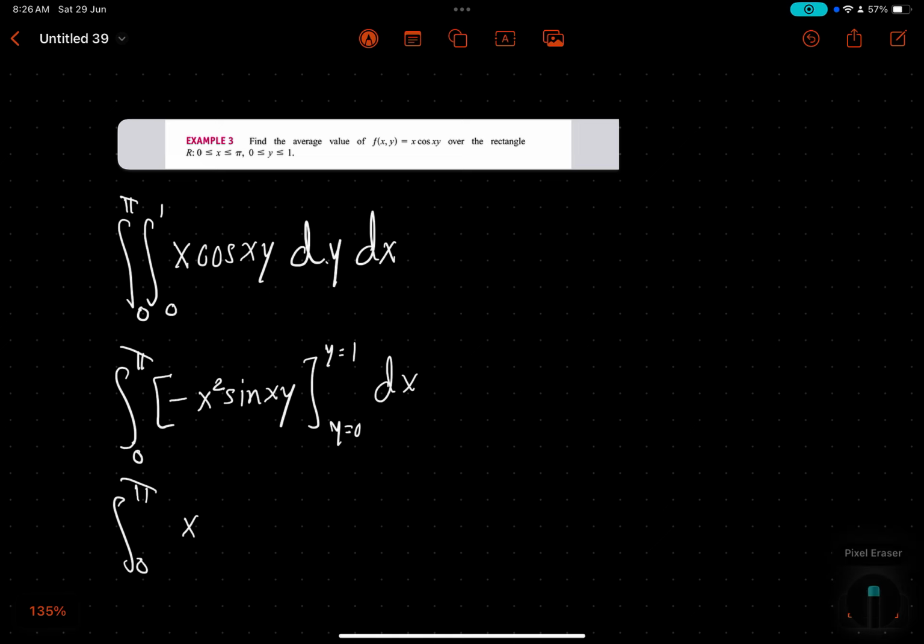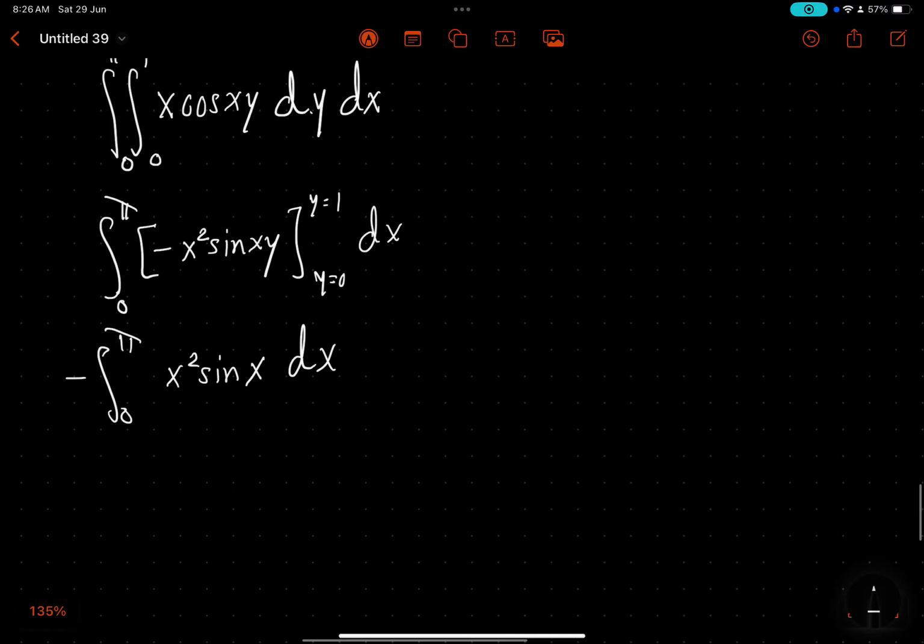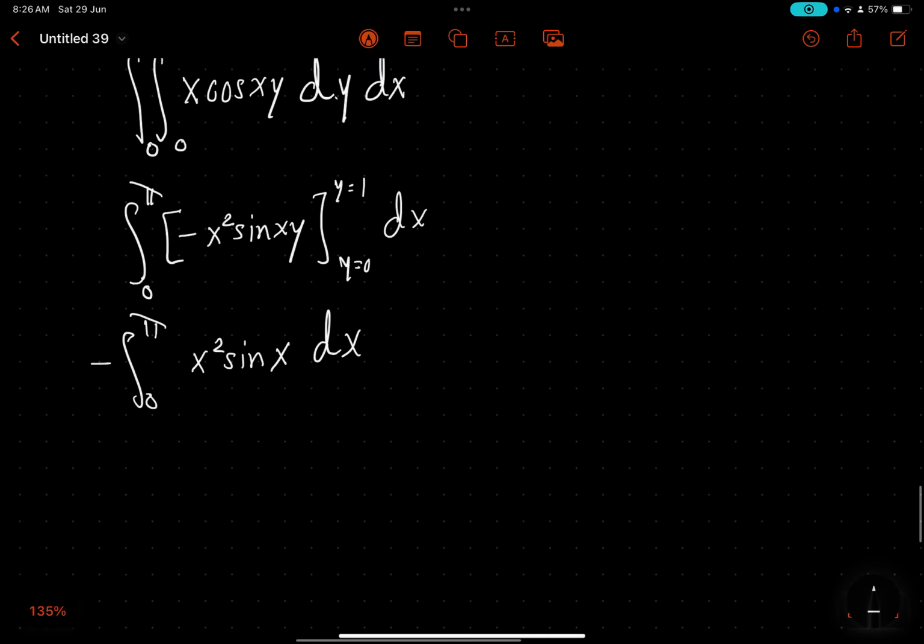Now let's take the minus out: x squared sine of x. Now if we put y equals 0, sine of 0 is just 0. So now we need to evaluate this, and this will require integration by parts.